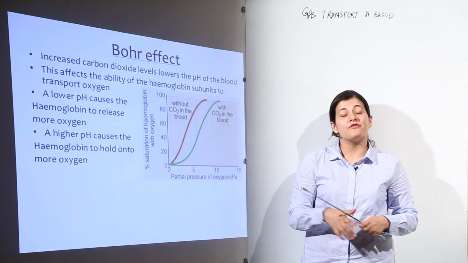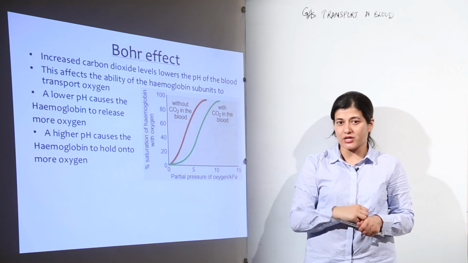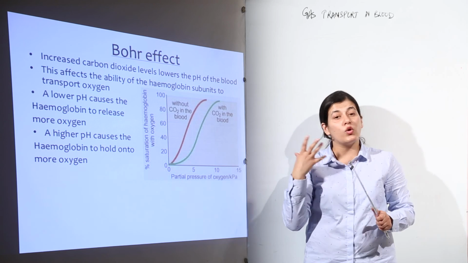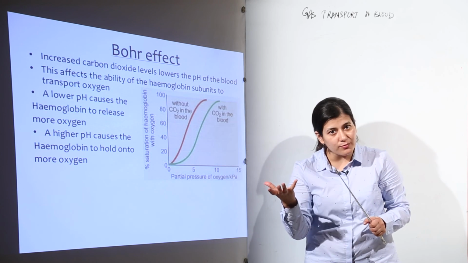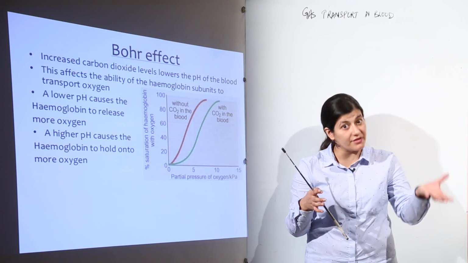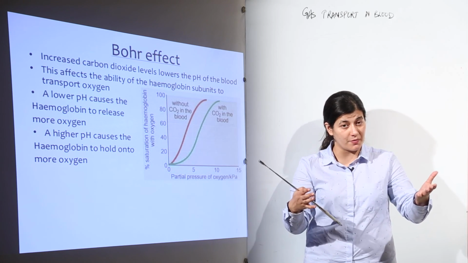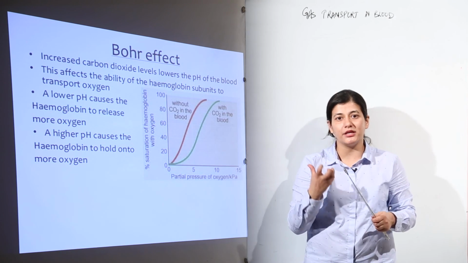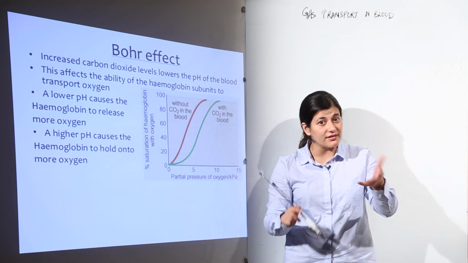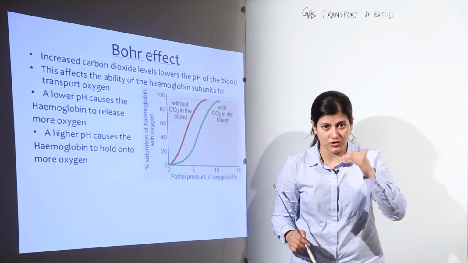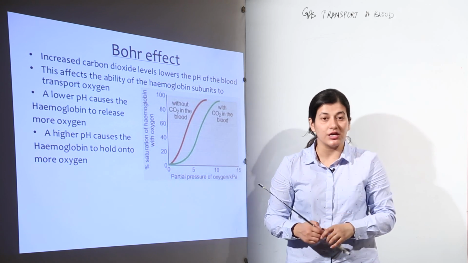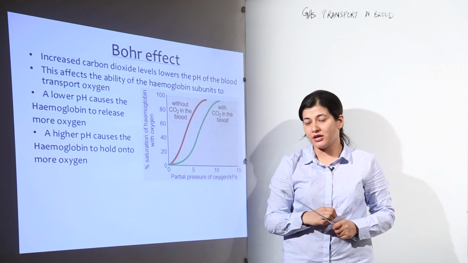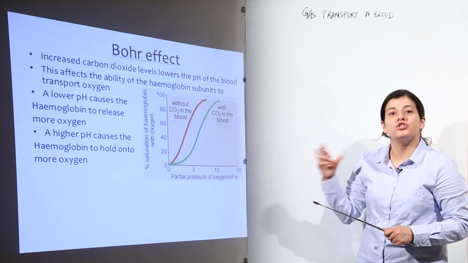On the contrary, if we have carbon dioxide concentration which is higher and the pH is lower, what would happen? That 5 grams of blood at the partial pressure 70, that means more oxygen should be present in the given air, would carry 10 milliliter of oxygen, which means that the air that you are inhaling should have more oxygen. The partial pressure should be greater, then only the saturation would be brought about.